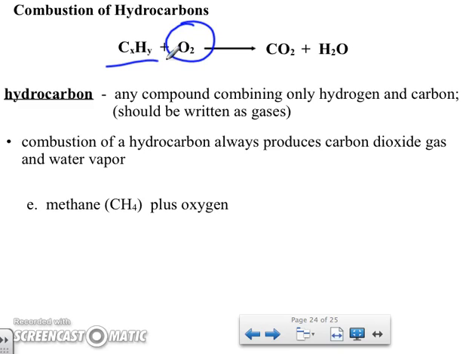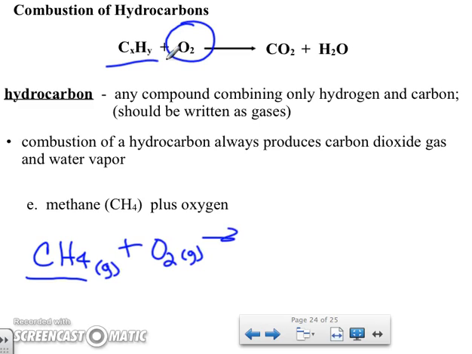Let's take a look at example E. We've got methane, CH4, which is a hydrocarbon. It only contains hydrogen and carbon. It should be written as a gas. It is being combusted or combined with oxygen, also a gas. We need to add energy in a combustion reaction.